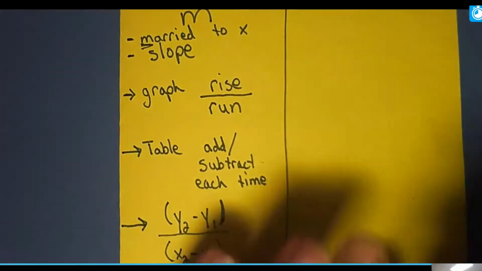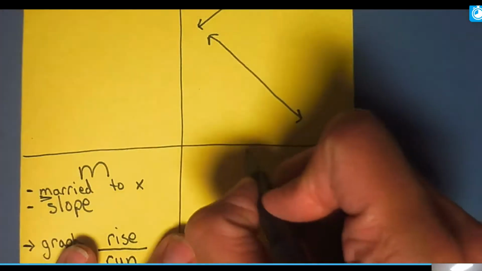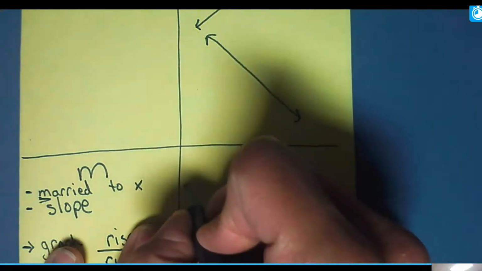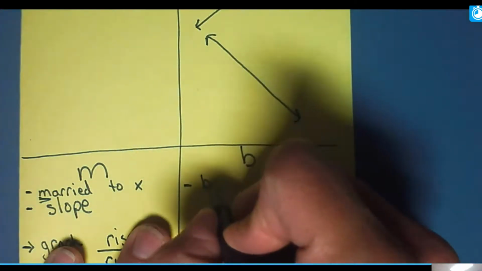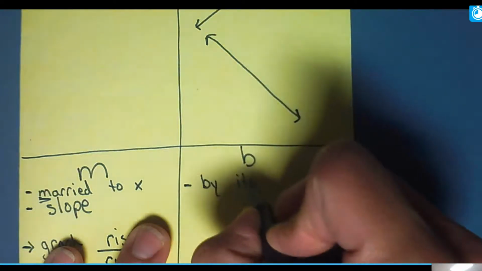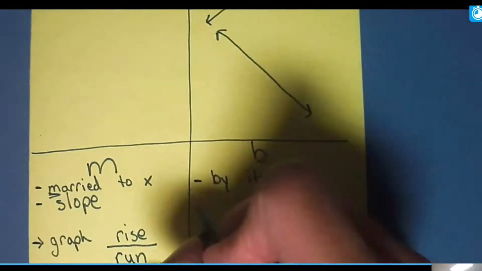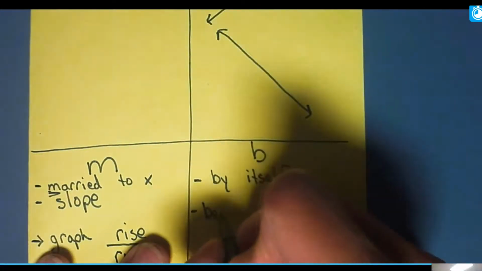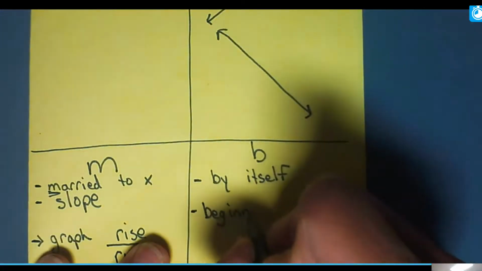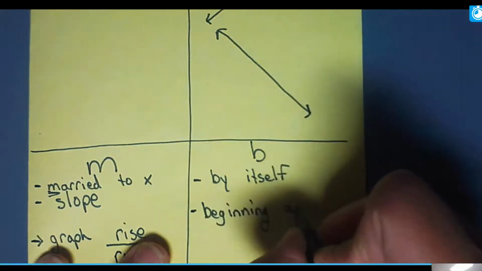So now let's talk about b. So b is going to be the number that's by itself. So see how it's all alone. It's going to be the beginning amount, which is very important in our word problems.